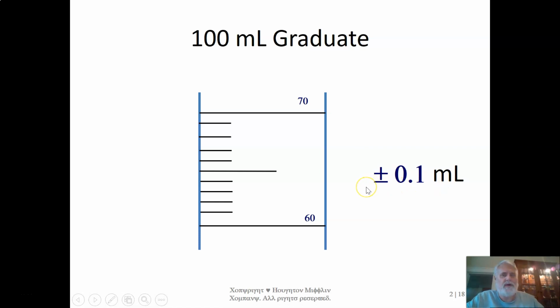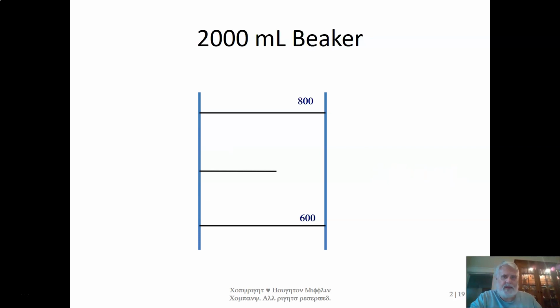So if it has increments to the ones, it has to be guessed at the tenth position. That's the next decimal place over. Okay. And that certainly is something that you want to do just based on how it looks.